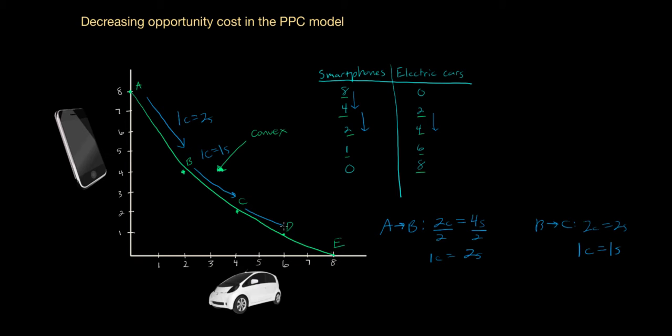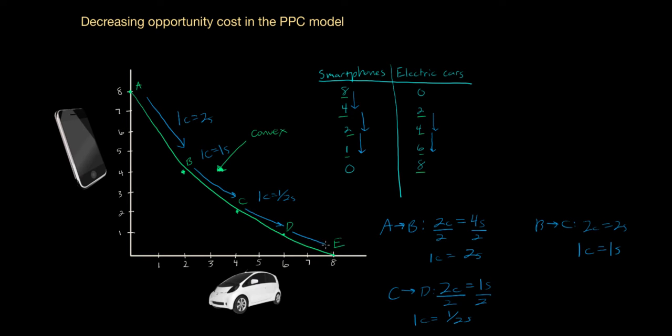Now let's look between points C and D. As the country moves from C to D, it gains 2 more cars, and it gives up only 1 smartphone now. So from C to D, 2 cars cost 1 smartphone. So each car, divide both sides by 2, 1 car costs 1/2 of a smartphone. So the cost of a car has decreased yet again.